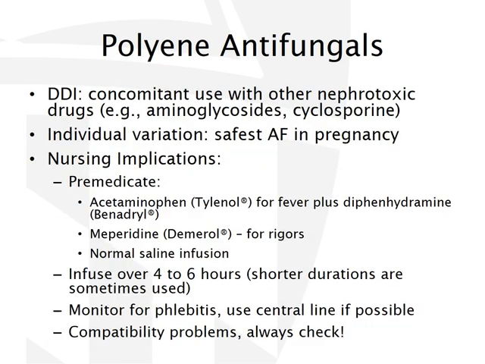The drug interactions we worry about with amphotericin B are drugs that can also cause nephrotoxicity. When those drugs are used together with amphotericin B, it increases the risk of serious nephrotoxicity. So I'm not necessarily asking you to memorize all the nephrotoxic drugs, but be familiar with the fact that when amphotericin B is combined with other nephrotoxic drugs, it puts the patient at an increased risk for serious nephrotoxicity.